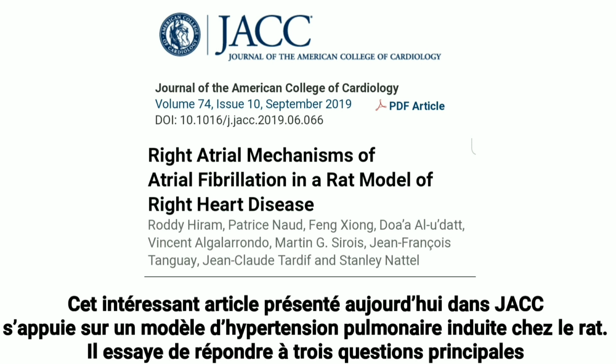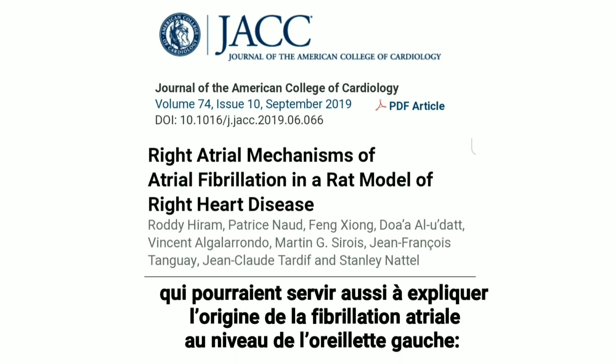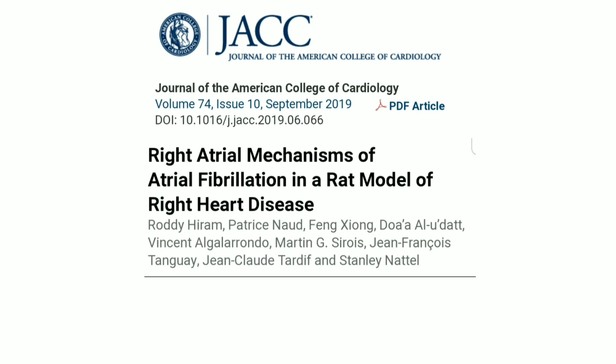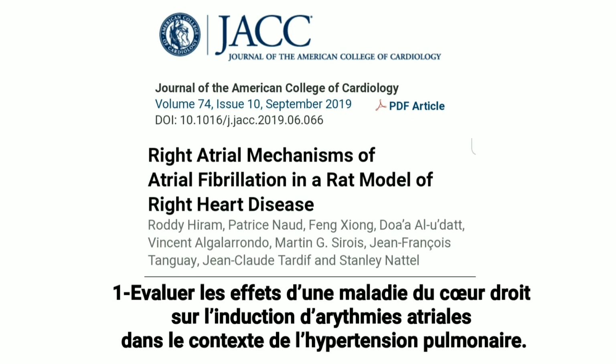The paper presented today in JACC is based on a rat model of pulmonary hypertension, and it tries to answer three questions which may also explain atrial fibrillation generated by the left atrium. The first is to evaluate the effect of right heart disease on atrial arrhythmias in such animal model of pulmonary hypertension.